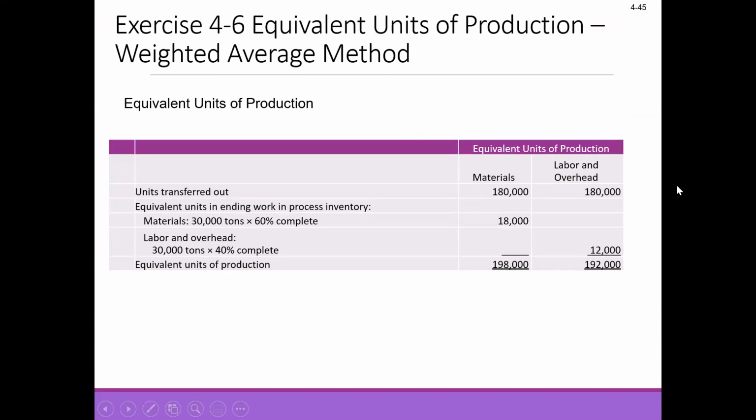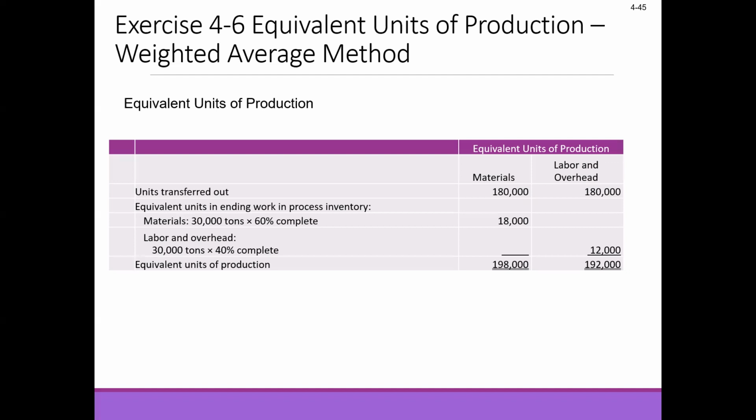Now, equivalent units of production. The ending work in process inventory had 30,000 tons at 60% complete, which is 18,000 tons. So our equivalent units of production for materials is 198,000 tons.